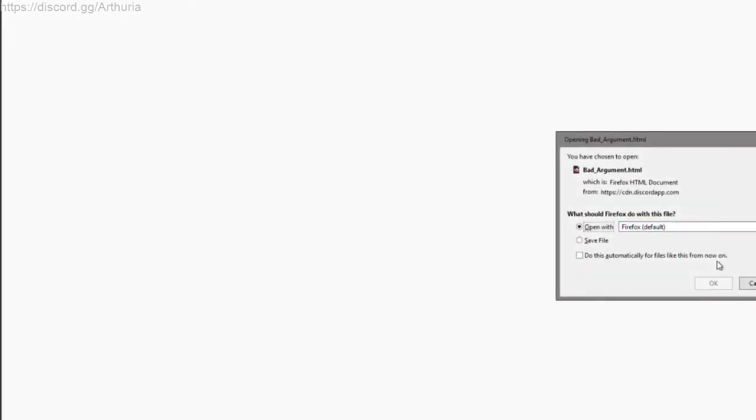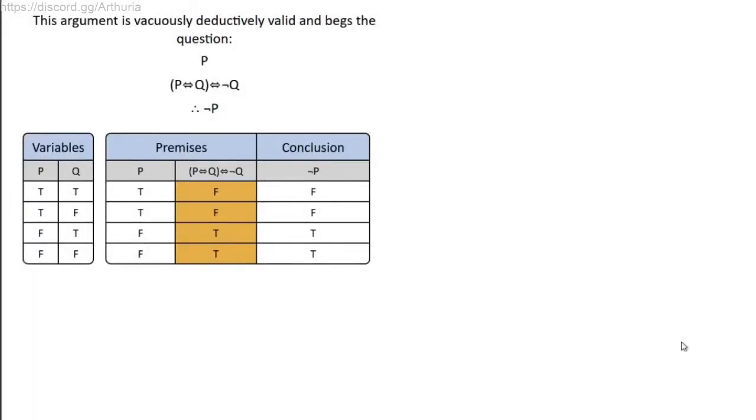Okay, so here we have this guy. Let's look at this guy. This argument is valid. Again, it's saying P is true. P if and only if Q is true, if and only if not Q is true. Therefore, not P has to be true. So when we look at this guy, there's never a case where the premises are true together.